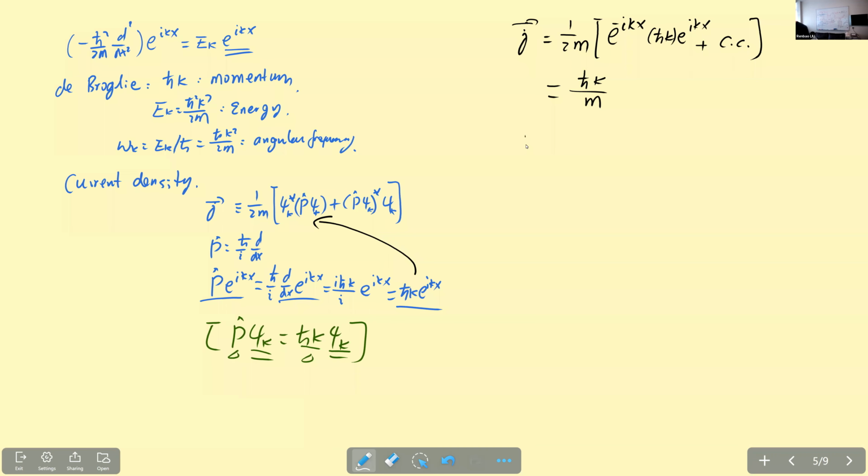So this current density now is just the velocity of this particle. So you can see that there is indeed a physical meaning of this k and this current density. Right, so that's the case for the free particle.